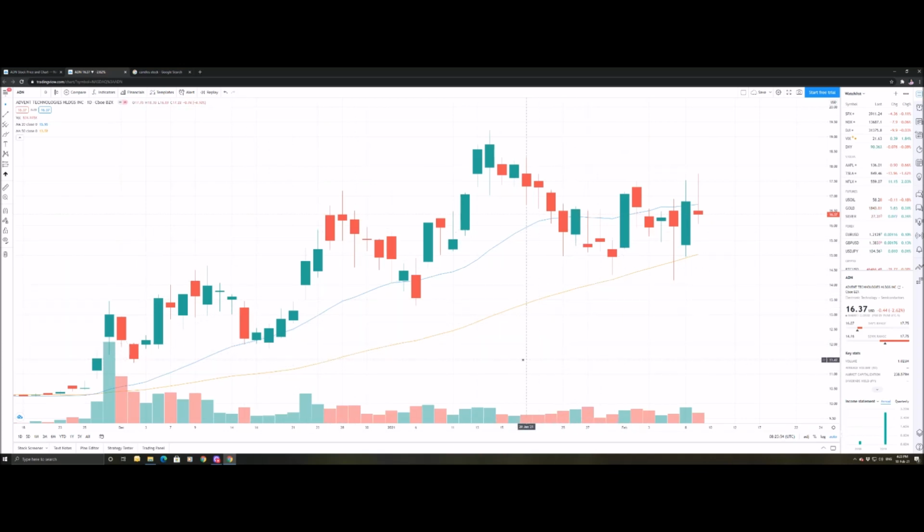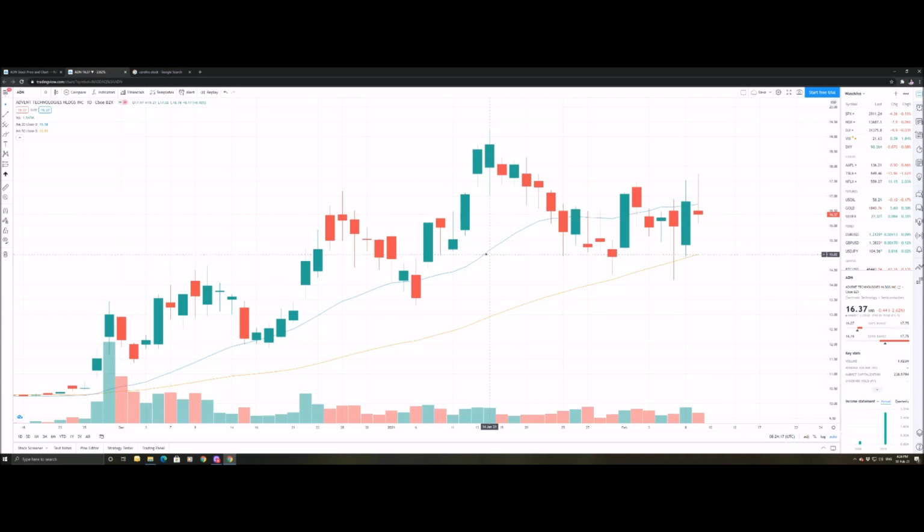Now, what we're looking for when we're looking at these moving averages is a few different things. The first of which is, where is the current price sitting versus the moving averages? So for instance, if the price increases above the 20-day moving average, that is typically bullish. If it goes below, that is bearish. If it bounces off, it's bullish once again.